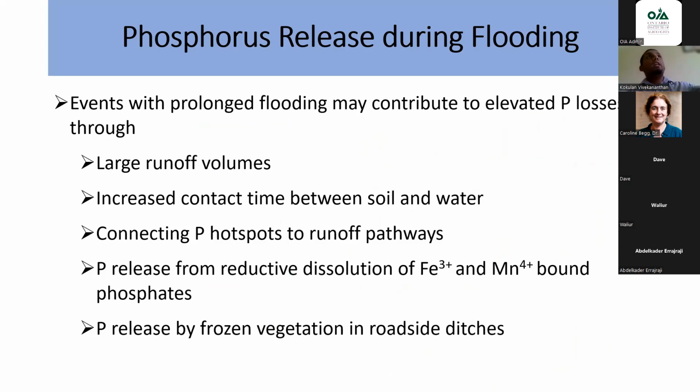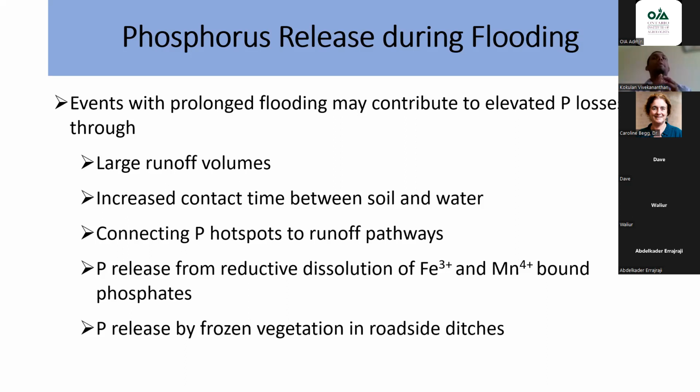These higher water levels could also connect phosphorus hotspots, like in farms where farmers mix fertilizers, to the runoff pathways, giving more concentration. The other aspect is more phosphorus in the flooded water from the reductive dissolution of iron and manganese bound phosphates, especially during prolonged flooding when there is an anaerobic condition.